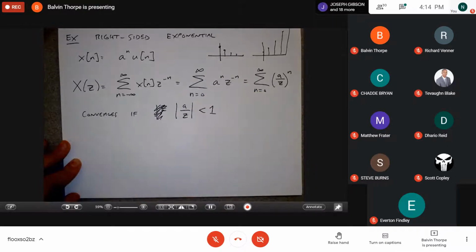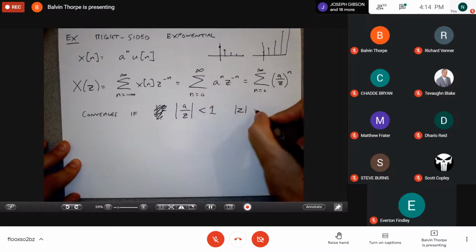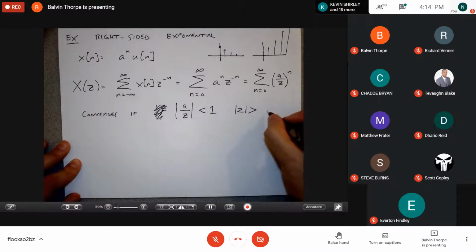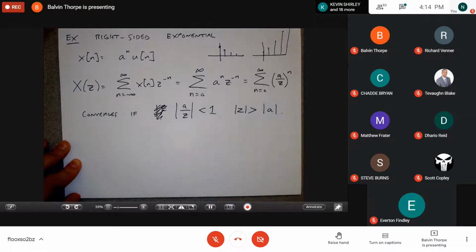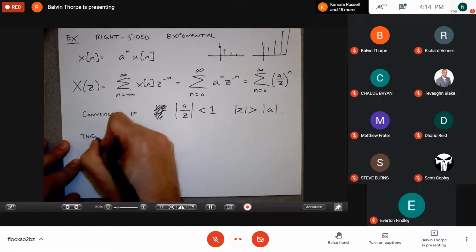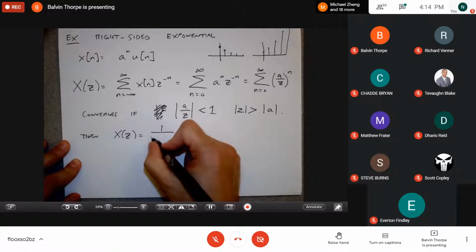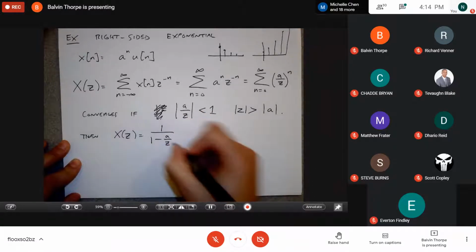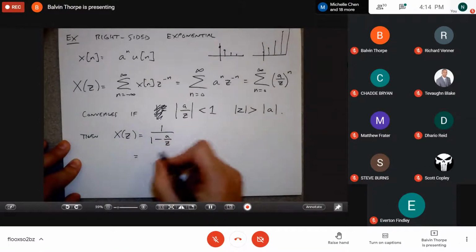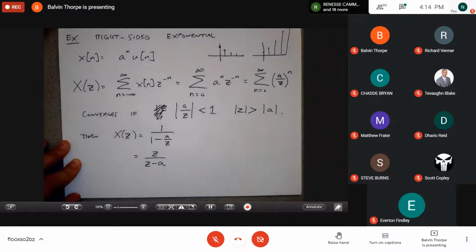We know that from our infinite sum formula, which is a different way of saying that the magnitude of z must be greater than the magnitude of a. And if that's true, then the value it actually converges to is 1 over 1 minus a over z, which is, if I multiply by z all the way through, z over z minus a.